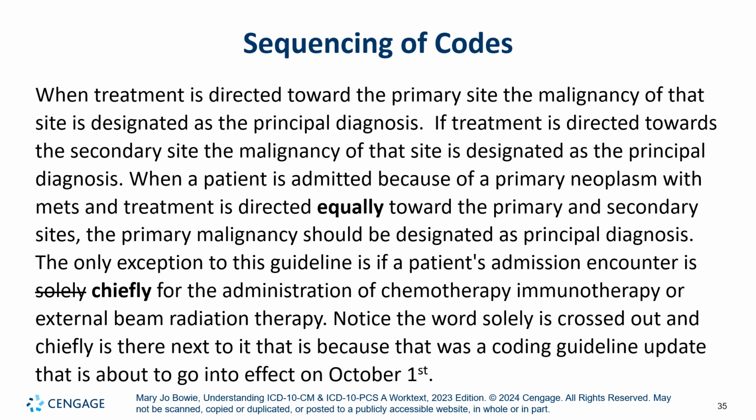For the administration of chemotherapy. So since the word solely is crossed out and chiefly is there, that's what I was trying to show you, that this is the new wording for October 1st.